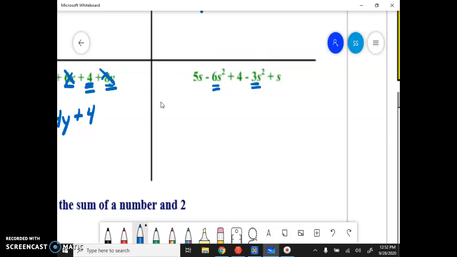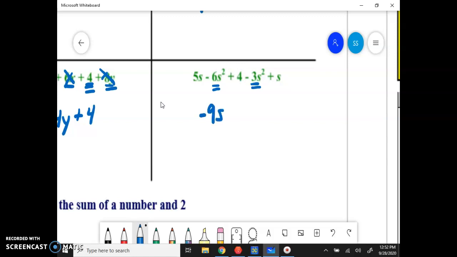So I should definitely write my s squared first because that's my highest exponent. So I have negative 6. And if this weren't here, right, if I covered this up, let me just cover it up. If I didn't have that there, all I would see is negative 6 minus 3. Well, negative 6 minus 3 is negative 9.